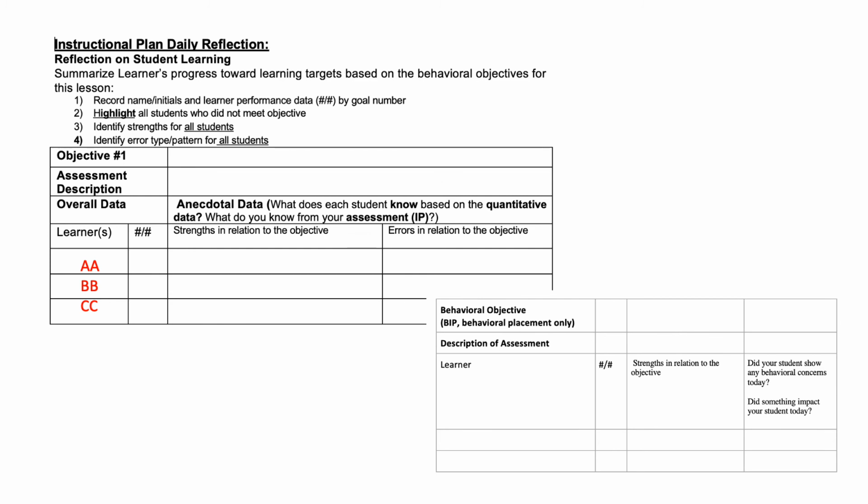Provide your raw data for each learner and identify if the objective was met or not. Identify each learner's strengths during the lesson and complete an error analysis. So you'll discuss those error types. State other pertinent observational data that may impact your future planning and learner performance.